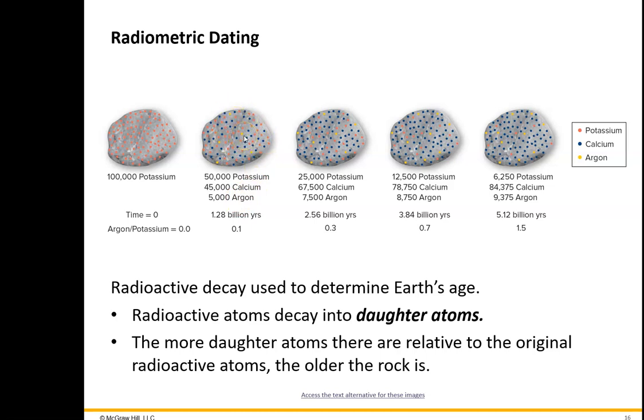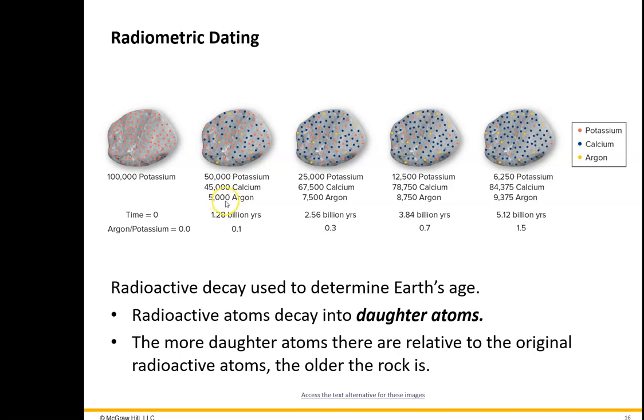When rocks formed, as the rock turns from a liquid into a solid, any gases would go off into the atmosphere. So what we're saying here is after one half life, which is about 1.3 billion years, there's going to be argon atoms inside of this rock.